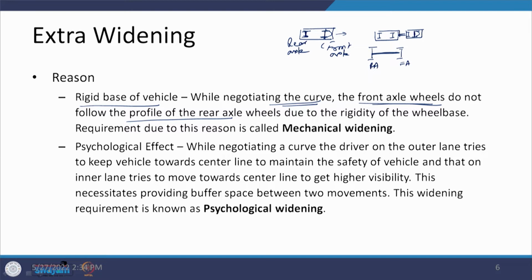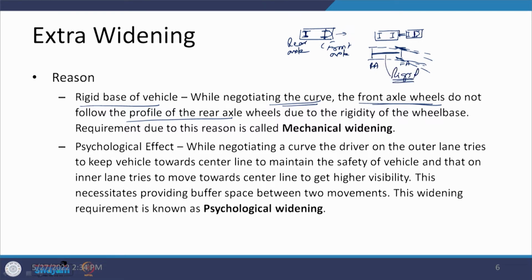So, when we start taking a turn, so I have made a turn like this. What is going to happen is that there is a movement in this form, but this movement is going to be a different movement. So, what you found is that there is going to be a change in the profile of the two axles which are moving in the same direction, and this is happening because this system is rigid in nature.